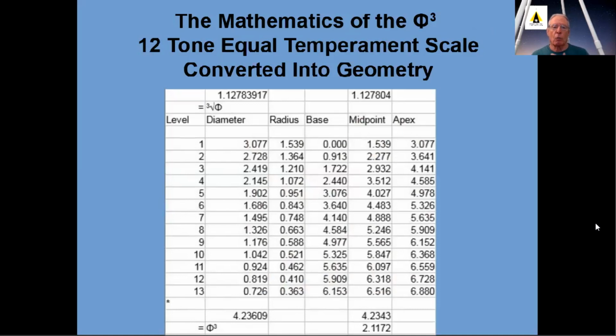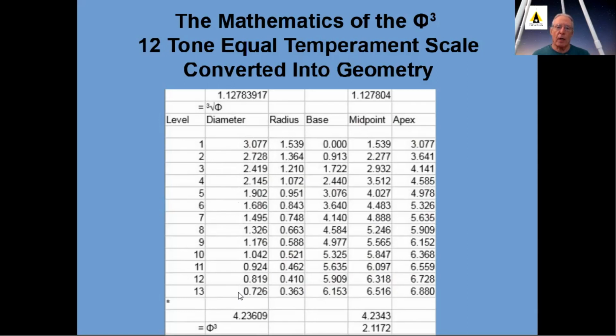What we've done is divide this into 13 pieces, which means there are 12 intervals between those 13 levels. We've started with the diameter of 3.077 that we said was the bottom diameter of our bottom sphere before, and we're using as the top one 0.726, which is the diameter of the top sphere.